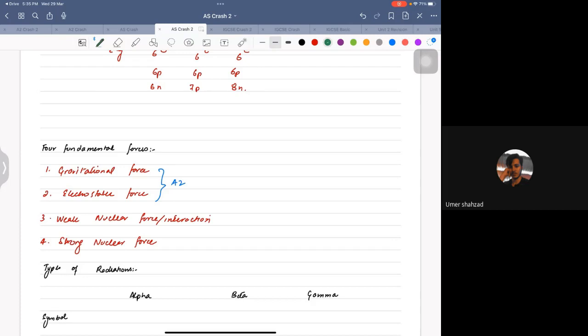For weak nuclear interaction, remember that this is responsible for beta particle emission, or decay, whatever you want.